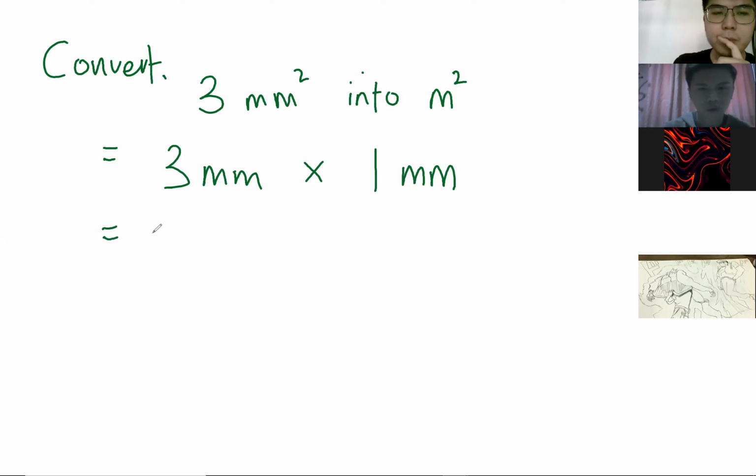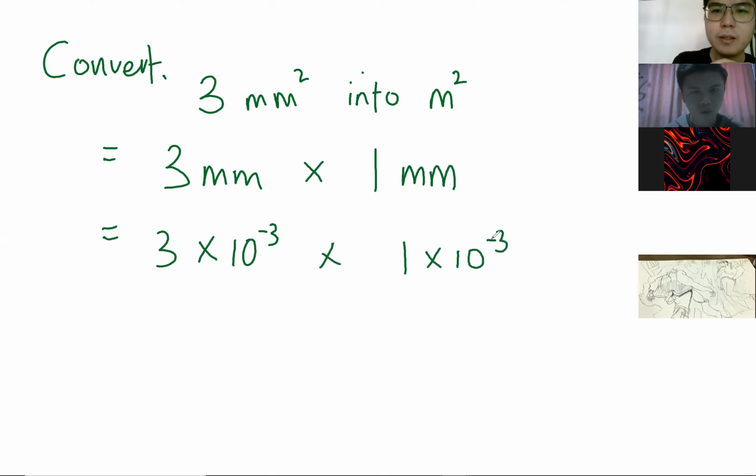You get 3, milli prefix to base unit, so 3 times 10 to the power of negative 3, and then times 1 times 10 to the power of negative 3. And these two are in meter.